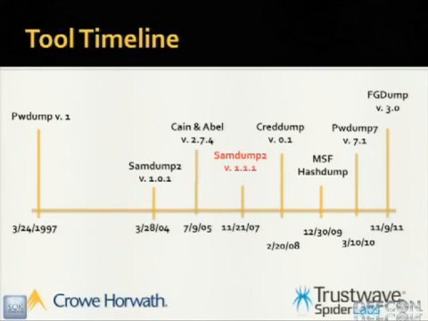And because this tool was so accessible, because it was in a scripting language that a lot of people could understand, it was used as a source for other tool writers to write their tools. So we see an explosion of tools after that, Metasploit being one, PWDump 7, and even tools currently in development that are implementing this code, which skipped a couple of generations.